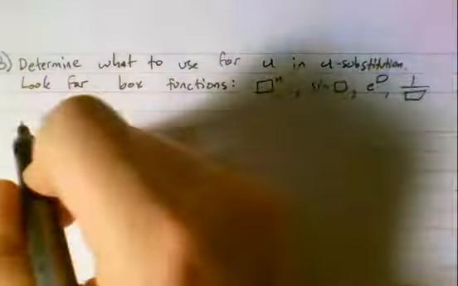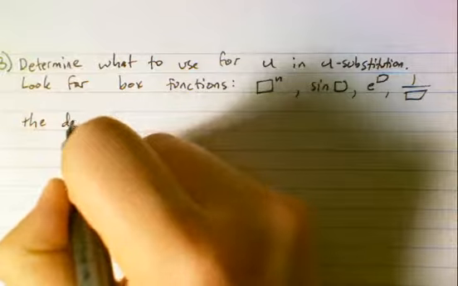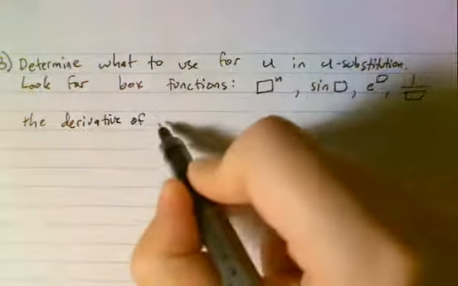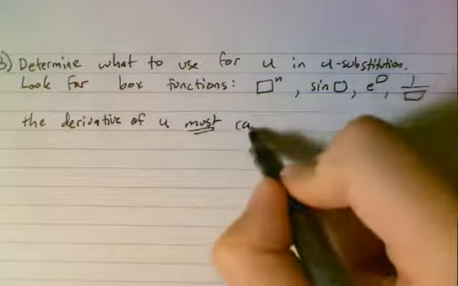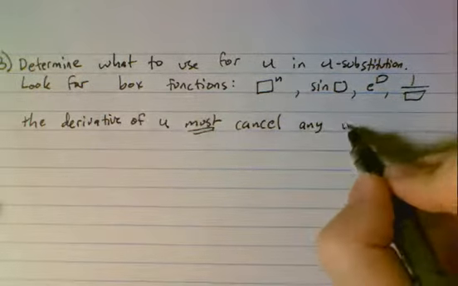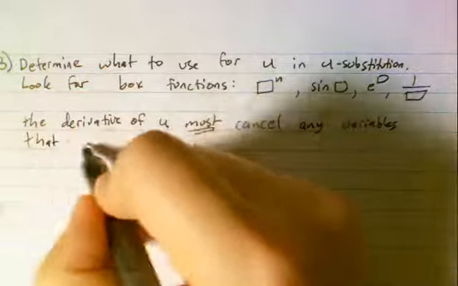One of the things that's going to be very important is that the derivative of U must cancel any variables that are outside the box.